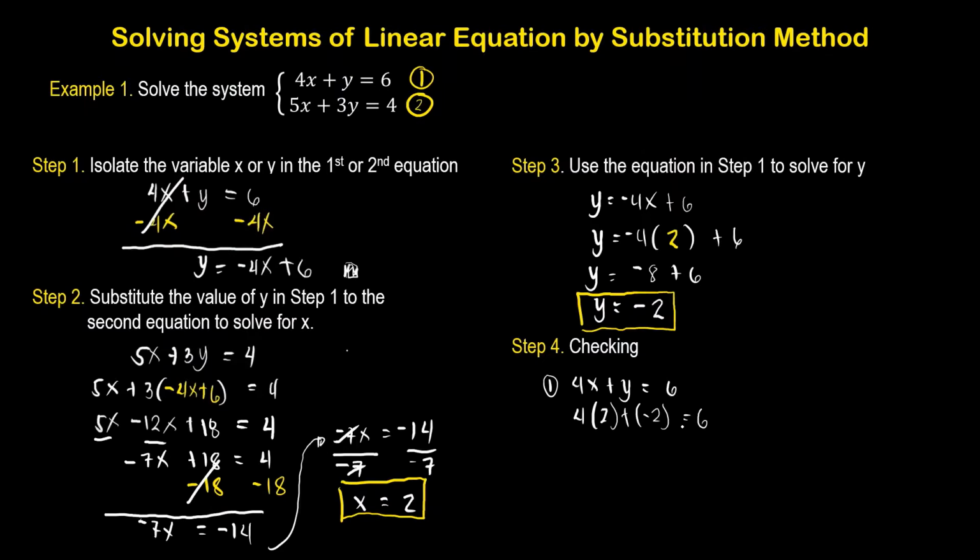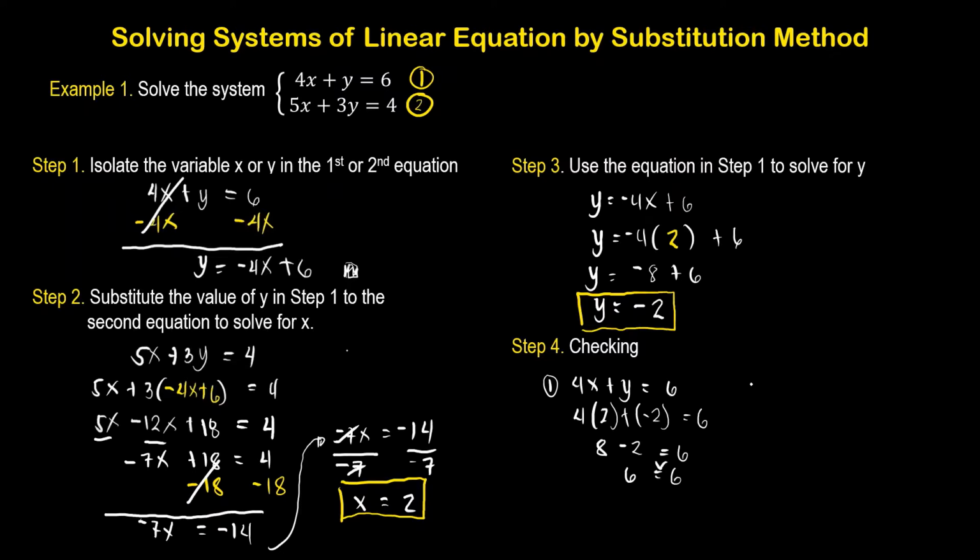So, i-check natin to kung equal to 6 ba itong nasa left side. So, again, 4 times 2 is equal to 8. Positive 8 plus negative 2 is equal to 6. Now, makikita natin that 8 minus 2 is just equal to 6. So, therefore, this is true for the first equation.